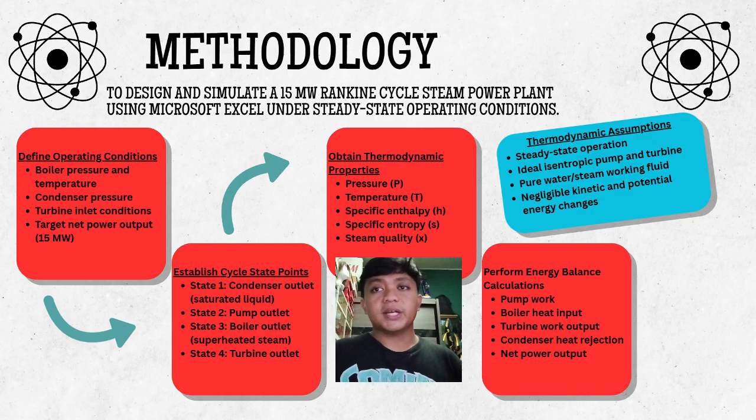For our project, we assume that the Rankine cycle is under steady state operation, with an ideal isentropic pump and turbine, pure water steam as the working fluid, and negligible kinetic and potential energy changes.